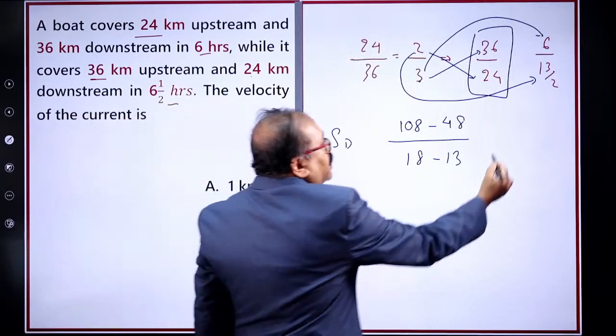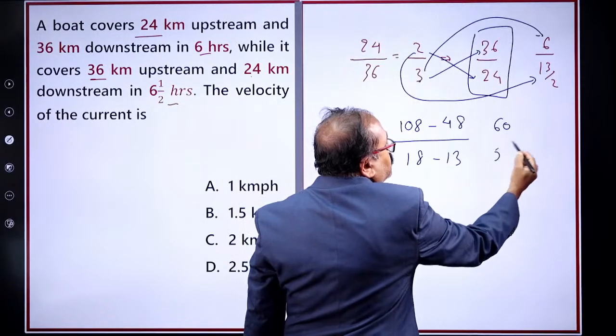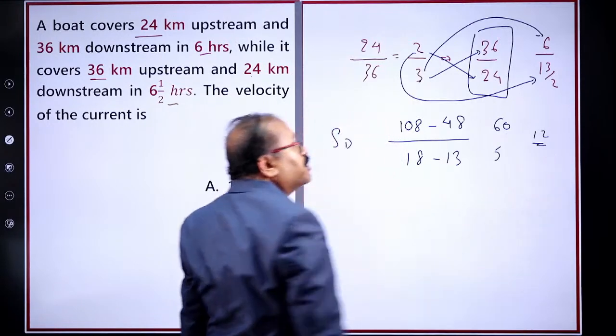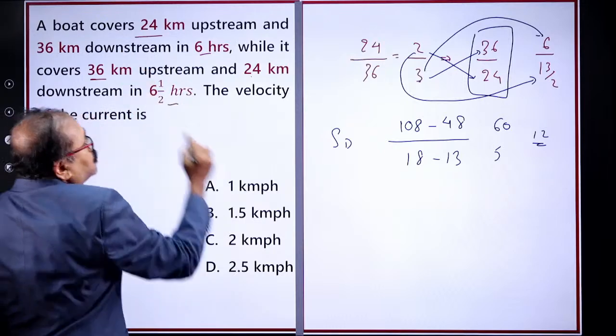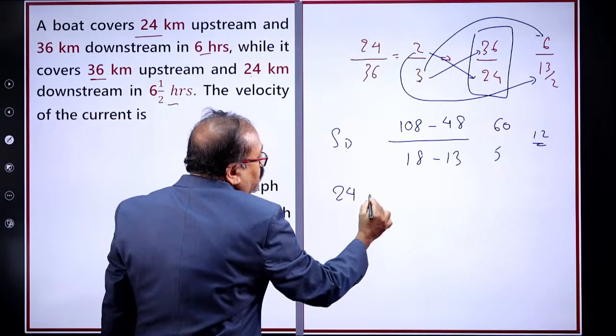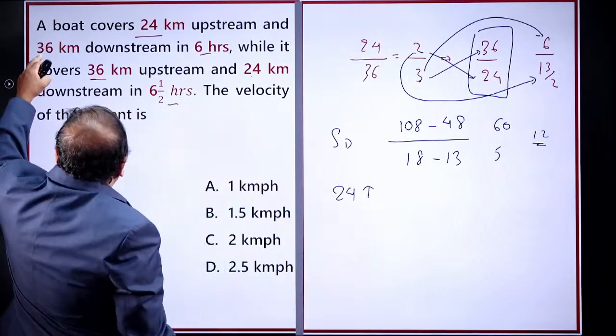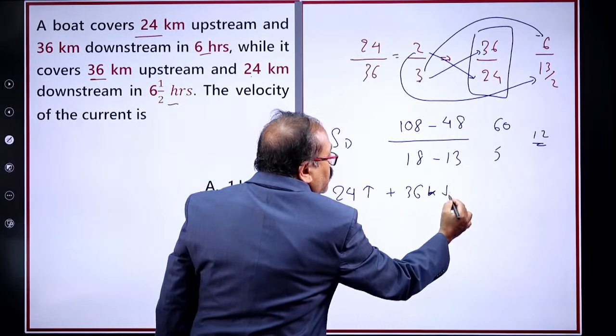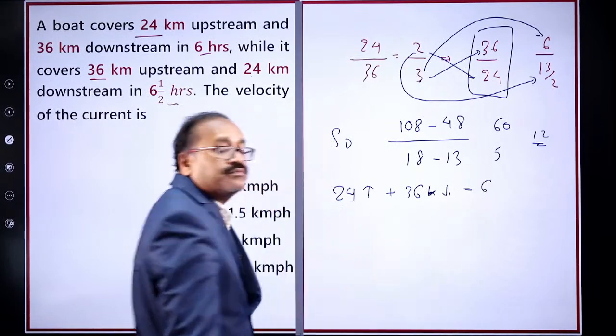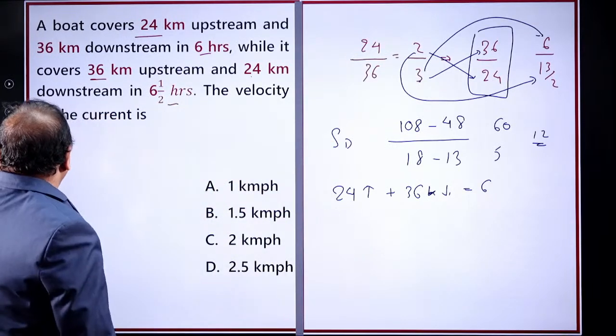Now you find out that this is 60 by 5, which is nothing but 12 km per hour, the speed of downstream. Now here it's a total of 24 km upstream plus 36 km downstream. The total time is 6 hours. That is given in the question.